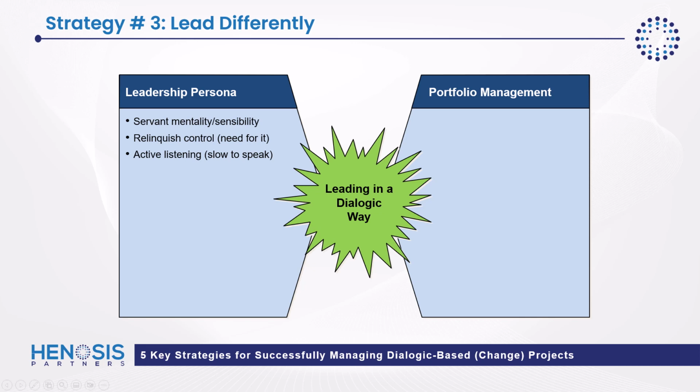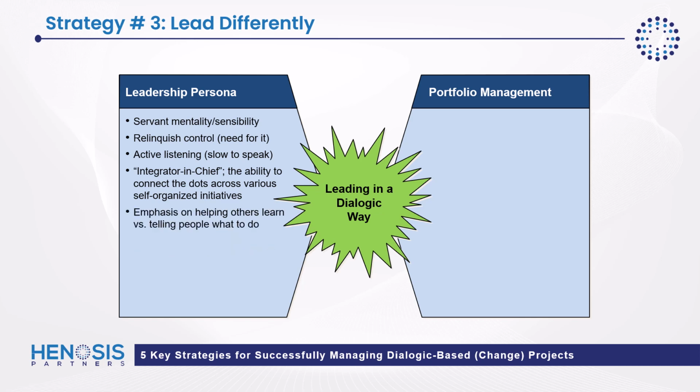One key role of leadership within organizations when leveraging the dialogic-based method is to have leaders understand that part of their role is to serve as integrator-in-chief, that is, to help individuals and innovation teams connect the dots across various self-organized initiatives. Another aspect of the dialogic-based leader's persona is an emphasis on helping others learn as opposed to telling people what to do.